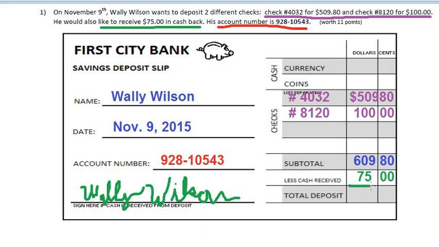What we're basically going to do is take that blue number and that green number and subtract them out. And so, I'm going to take out my calculator real quick. And we get our final answer of $534.80.